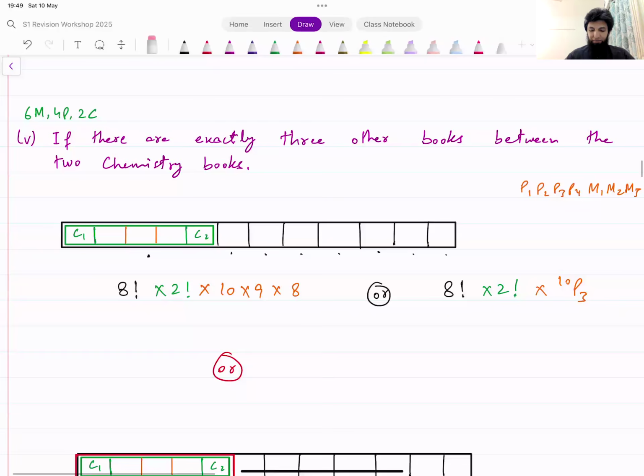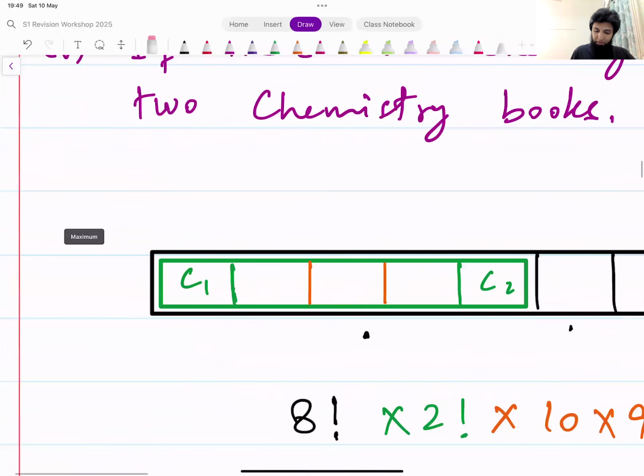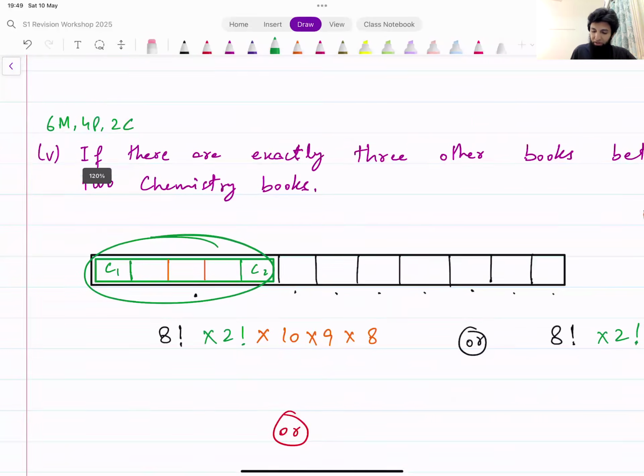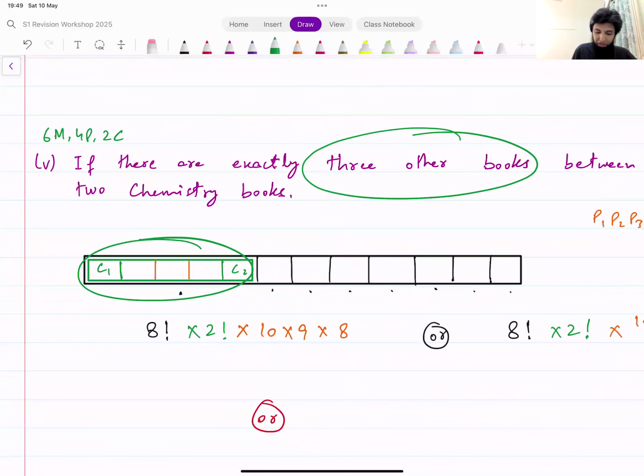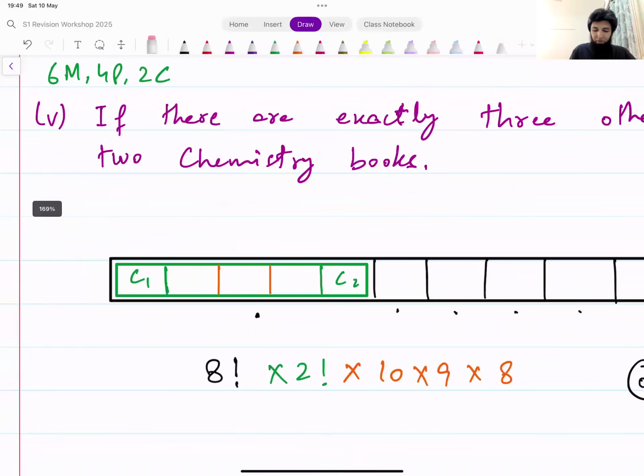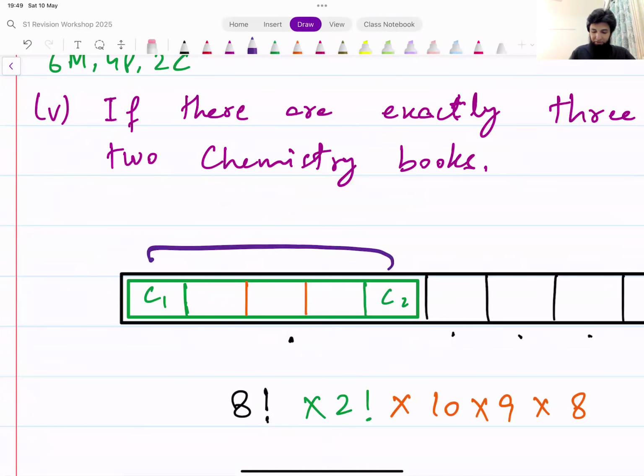We can think of it like this, that we have 1 big box. Since we want 3 other books between the 2 chemistry books, that makes it 5 books in total. So we make a big box that has these 5 books. Chemistry books on the sides, okay? And in the middle, in these places, we could have 3 other books.